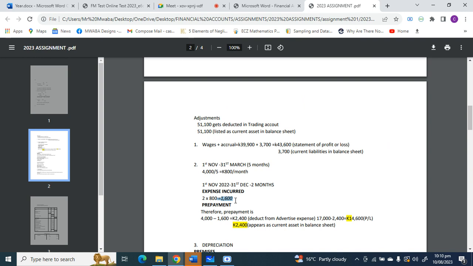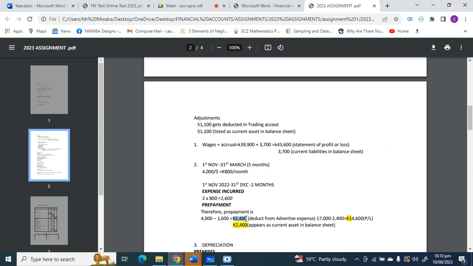So that's the one we should report in our statement of profit or loss. The advertising expense that was incurred was 1,600. Then the remainder is the prepayment. So 4,000 minus 1,600, that's 2,400. This is the prepayment.